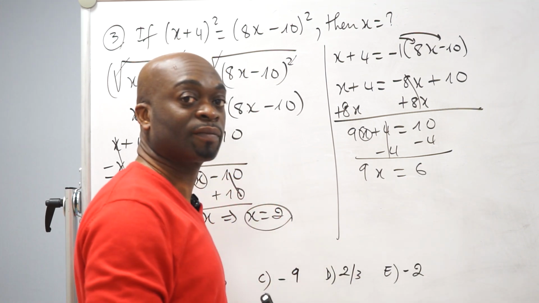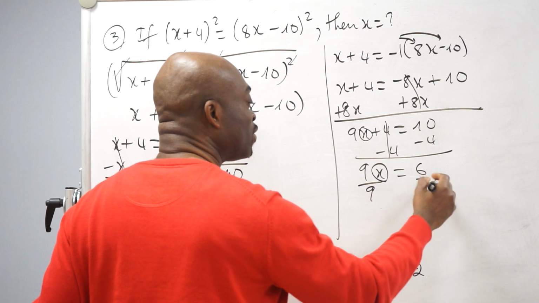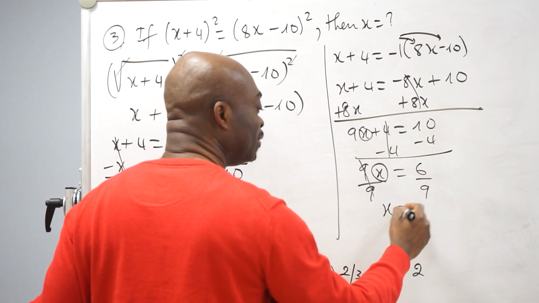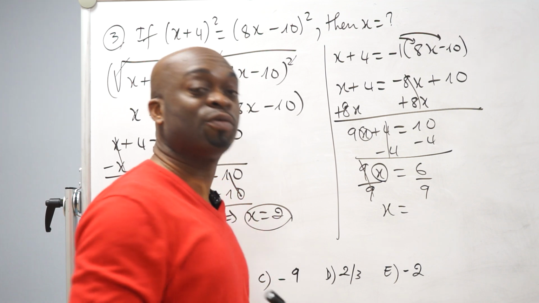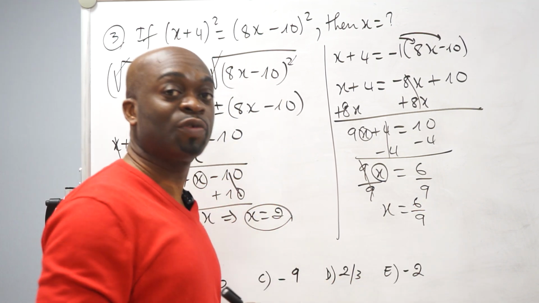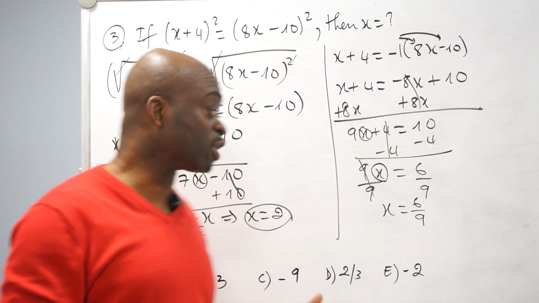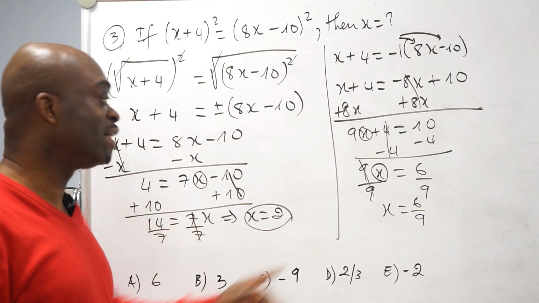As we're solving for x, which is our target, we divide both sides by 9. Then 6 over 9 is a fraction, so we have to reduce it whenever possible. Once you look at your answers, do you have it there? No, I don't see 6 over 9.